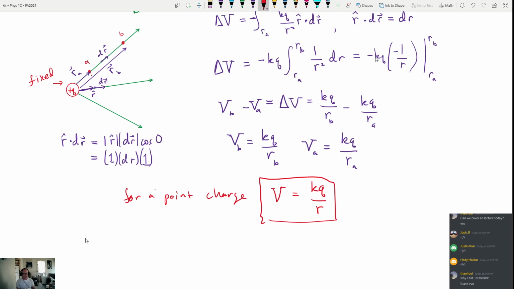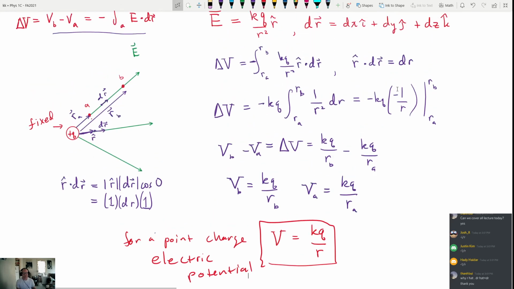That's the electric potential for a point charge. It's a pretty simple relationship. Can you all see how we got there and why that makes sense? We started from this equation. We plugged in the electric field. We plugged in our limits. We evaluated the integral. And this is our answer, 1 over R.